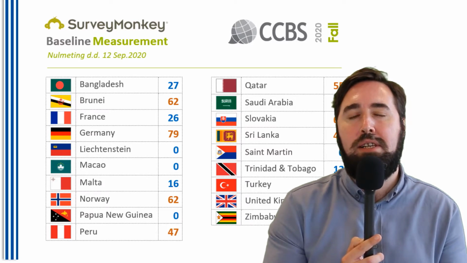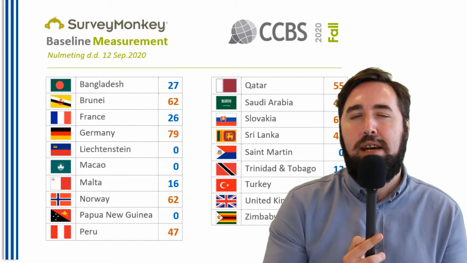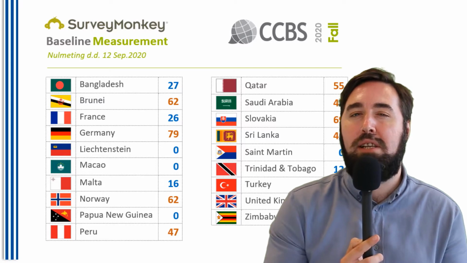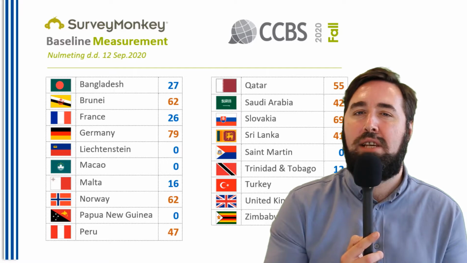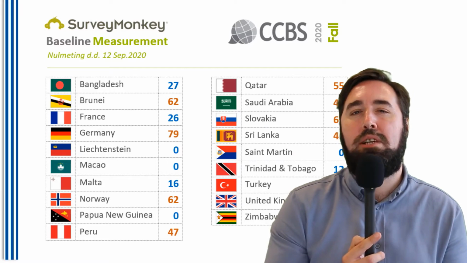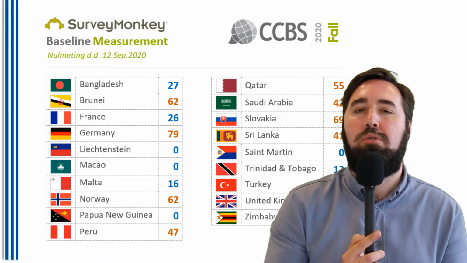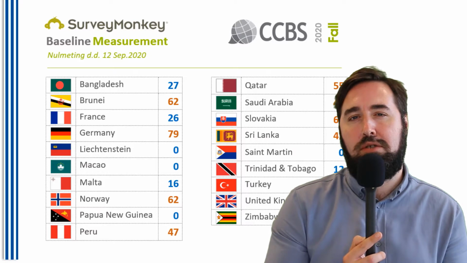Okay? Now, as you can see there, some countries have over 50, and that's really important because that's the gold standard here at CCBS. If you have 50 completed surveys from appropriate C-level managers, then what that means is that you can quote these as percentages in your CPs. So you could say, for example, 75% of the respondents believed that there was still gender inequality within Nigerian organizations, for example.